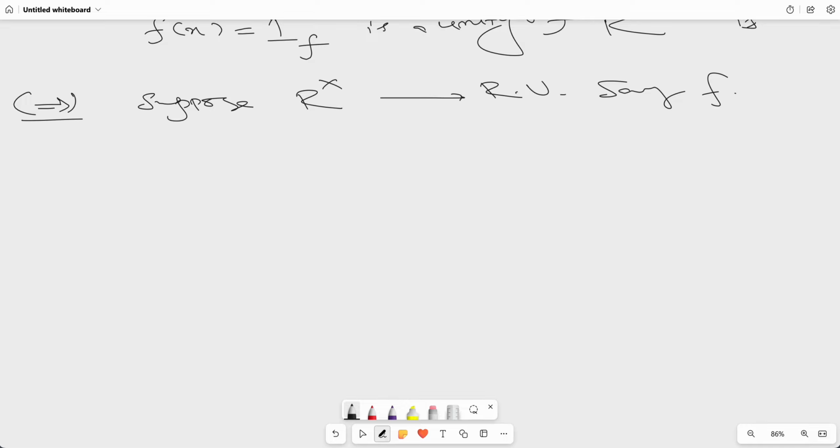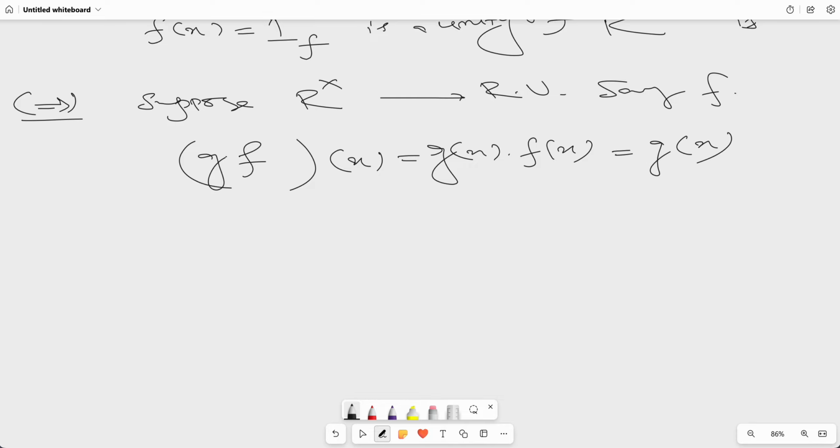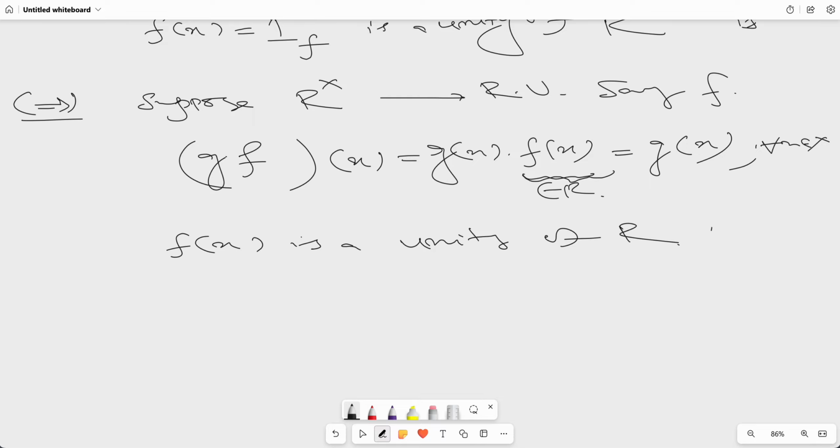If f is the unity, then you must have the property (g dot f)(x) is g(x) dot f(x), and this is actually g(x), because f is the unity, for every x inside X. So this is an element of R. So f(x) is a unity of R. But why?